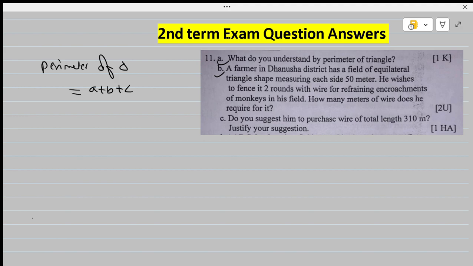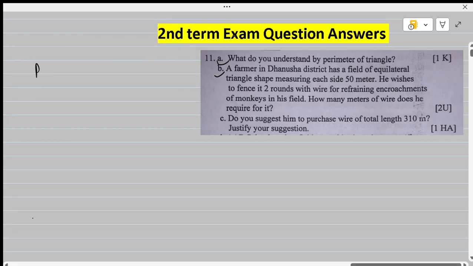How many meters of wire does he require? Making 1 round is the perimeter, so let's first identify how many meters of wire 1 round needs.